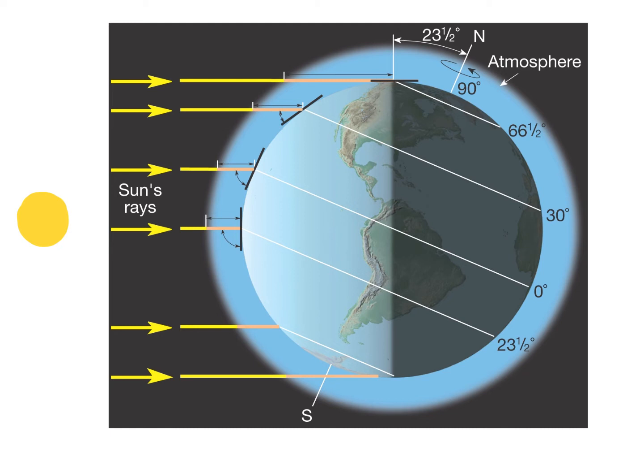Notice the angle of the sun's rays. In the north, they're hitting at a very low angle, but in the south, they're hitting the surface much more directly. Since the northern hemisphere is tilted away, it's having winter, while the southern hemisphere is having summer.